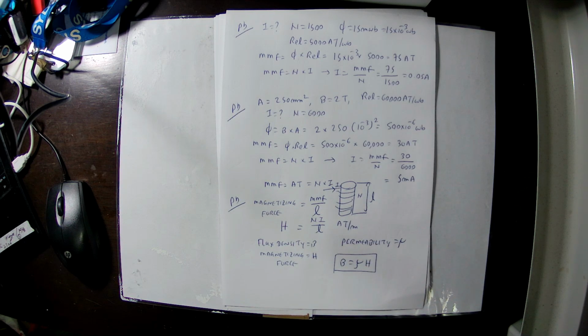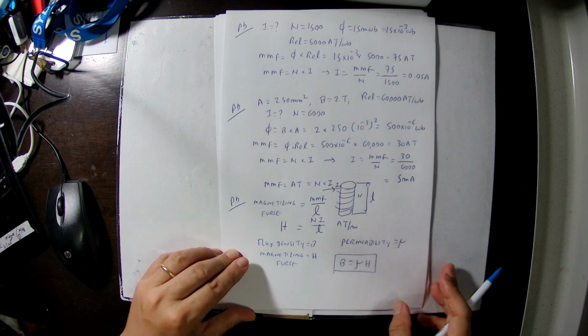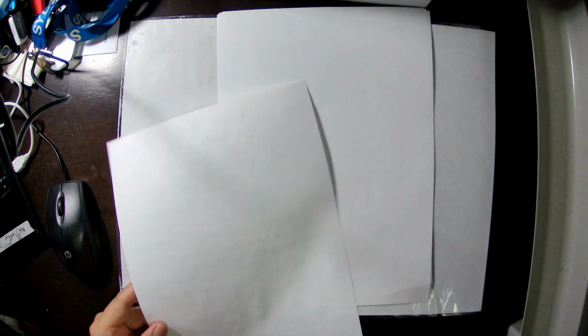In B equals mu H, B is the flux density in Tesla, H is the magnetizing force in ampere turn per meter, and mu is the permeability. Permeability depends on the magnetic capability of the material and differs from one material to another. So this is the way we calculate B equals mu H.